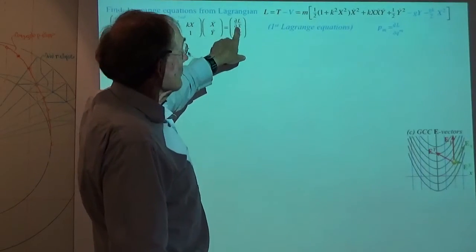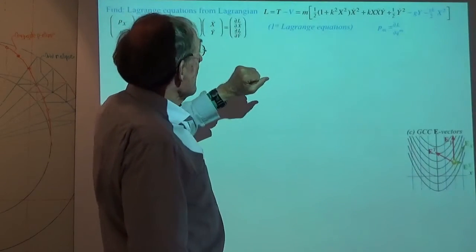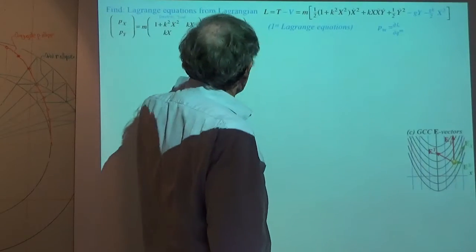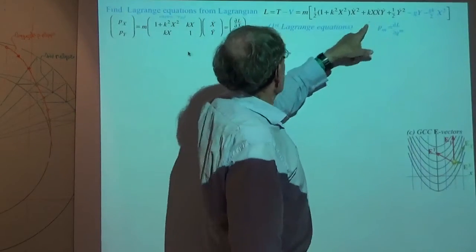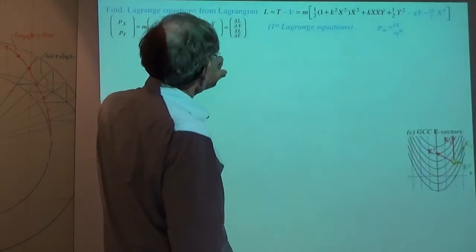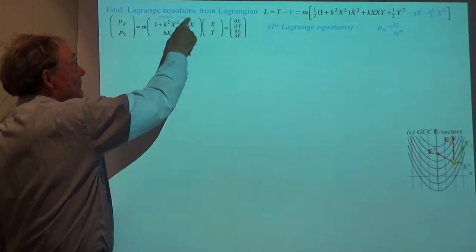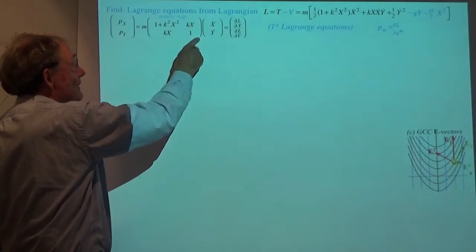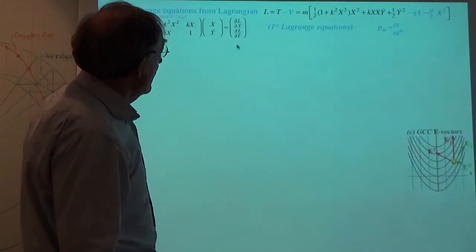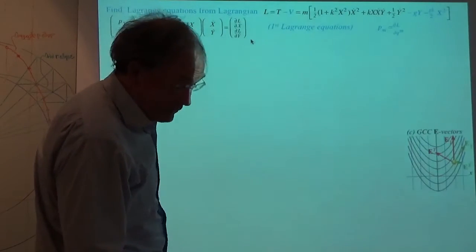Here, the partial derivative with respect to x dot has that thing in it, and also the thing that involves y dot is there as well. So I've got that part in this matrix. Basically what I'm doing is just rewriting the covariant metric right here. But that is giving us momenta, which is by definition the partial with respect to velocities.